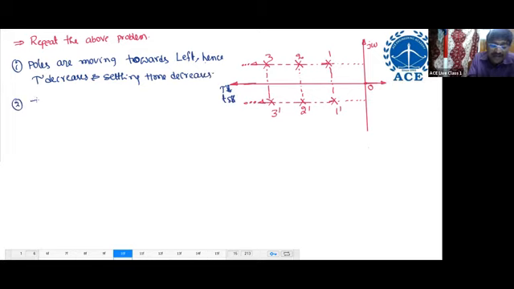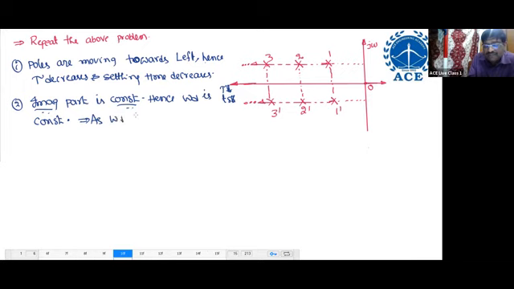Second one, the imaginary part is constant. Hence, omega D is constant. As omega D is constant, TP is constant.